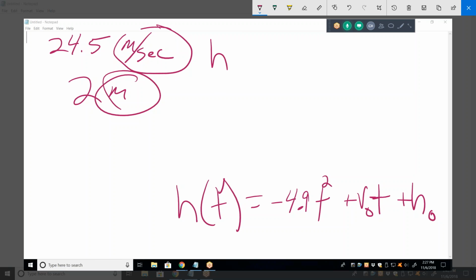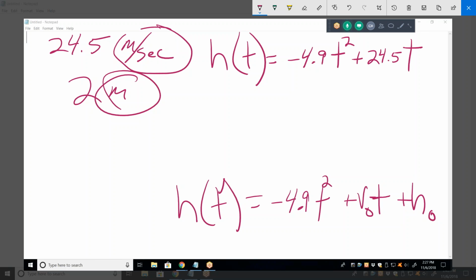So what really is the equation is this: minus 4.9t squared plus 24.5t plus 2, because you're throwing the ball upwards, not downwards, starting at that height. So this is the equation of the parabolic motion of the ball that you are throwing.